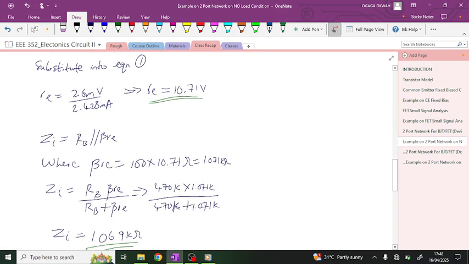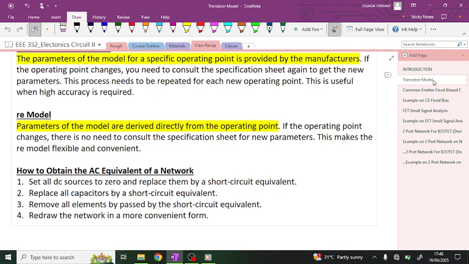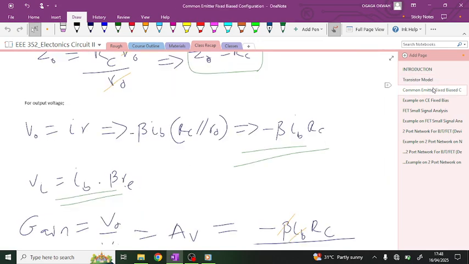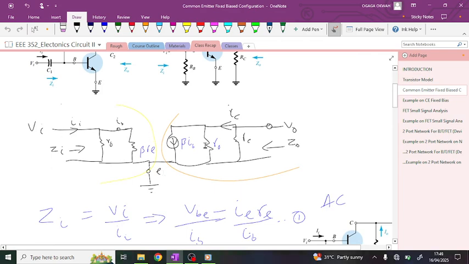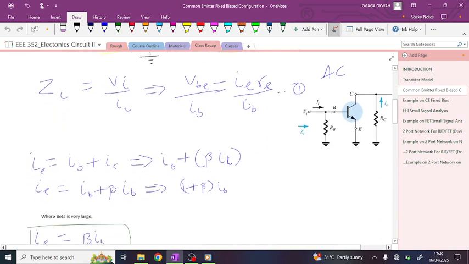Good. Now we can say the output impedance is ROB in parallel with beta ROE. How? Right here, in this same diagram, guys.